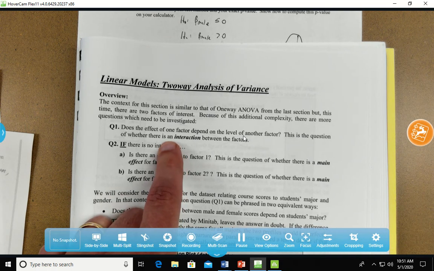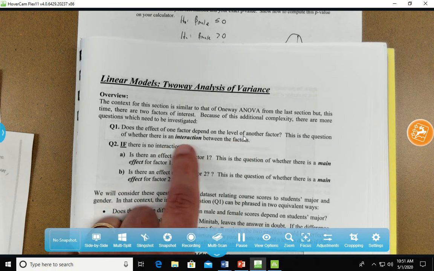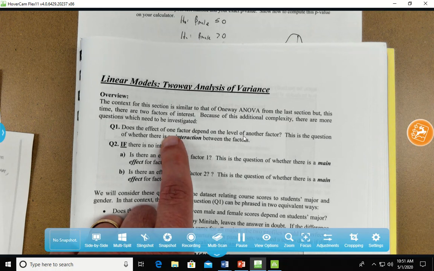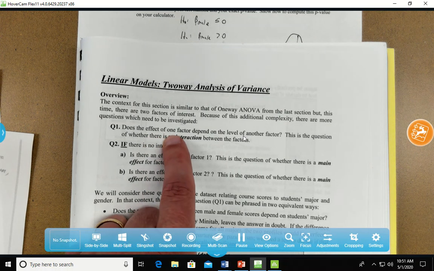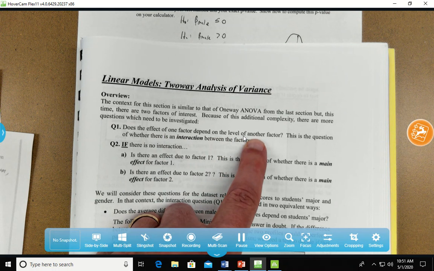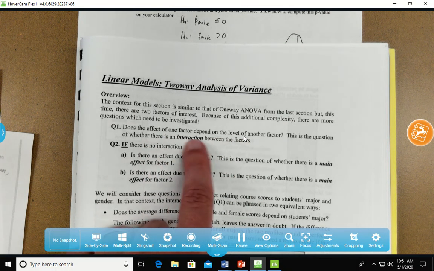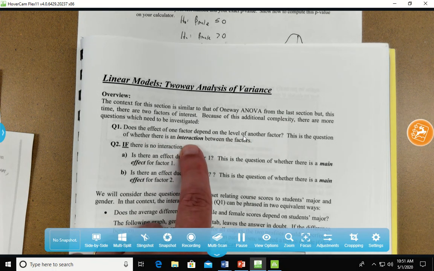But then the question is, is there any interaction between the two? Does one factor depend on another factor? So you might want to write some question. Does the effect of dorm depend on the level of state that you're from? Just some questions along those lines, and that's the question of interaction.